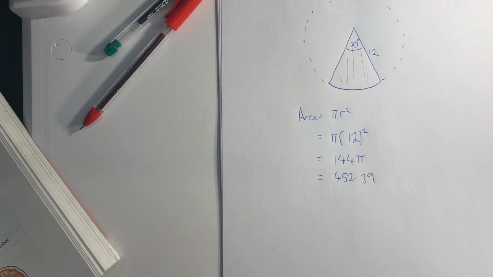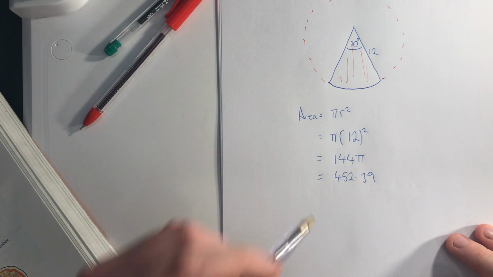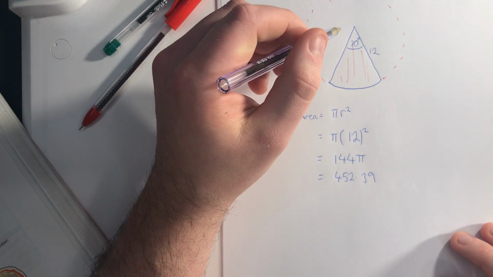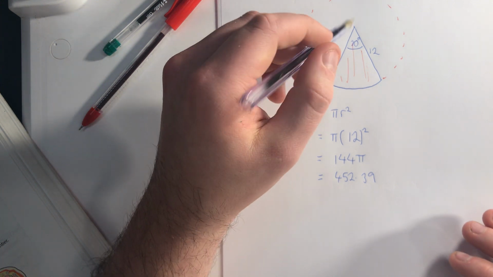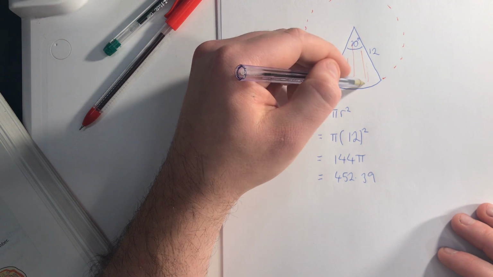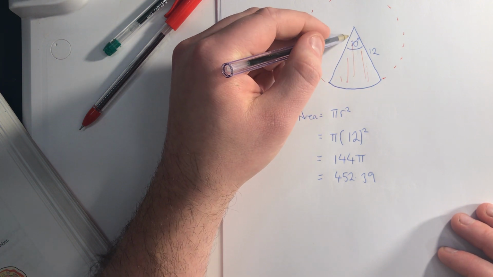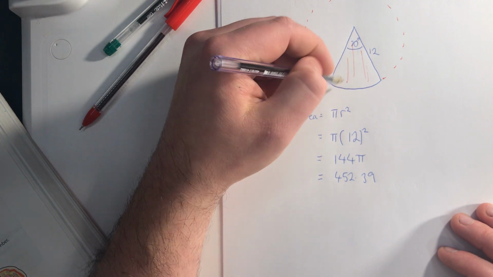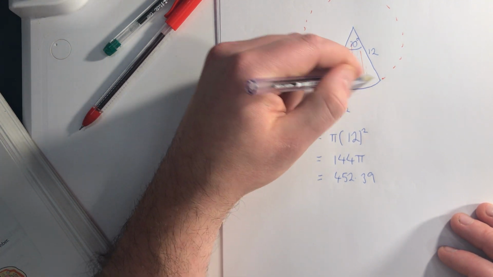Now this is this thing we were talking about the last time. Okay, we're not interested in the area of the full circle. We want to know the area of this sector. Okay, so this pizza slice here, its technical name is a sector. The technical name for this curve is an arc.